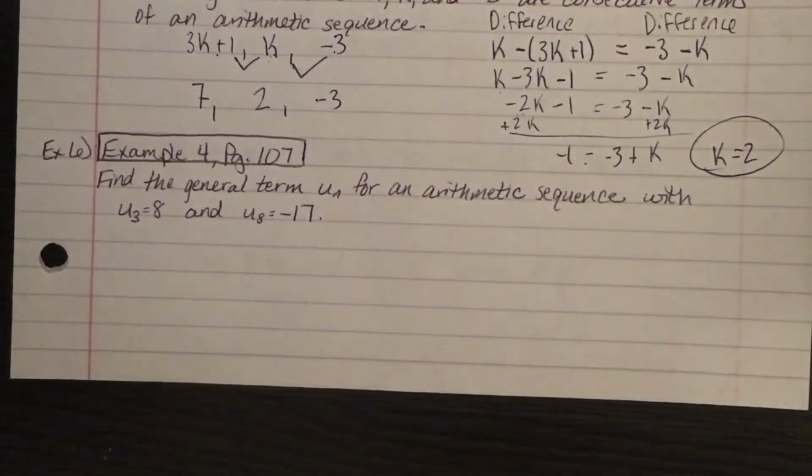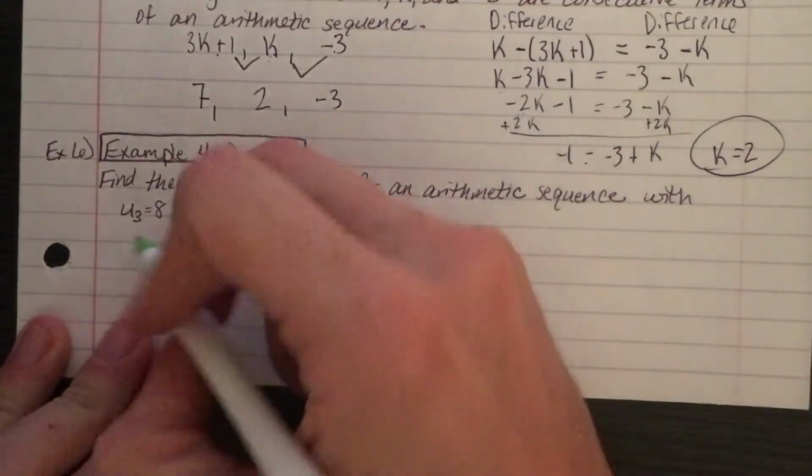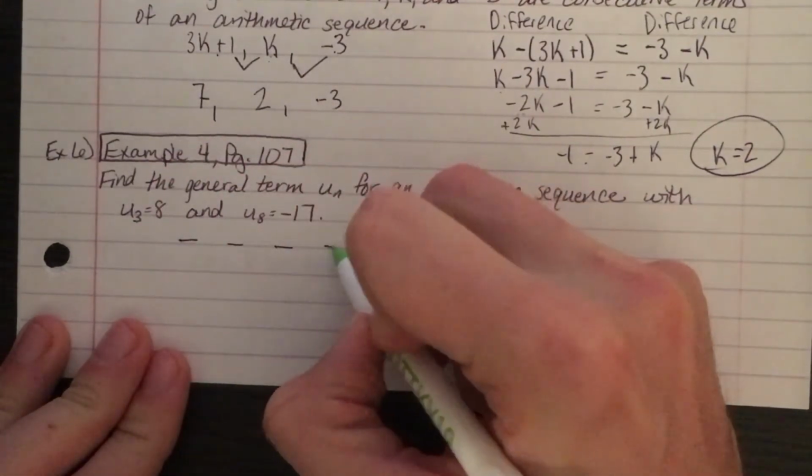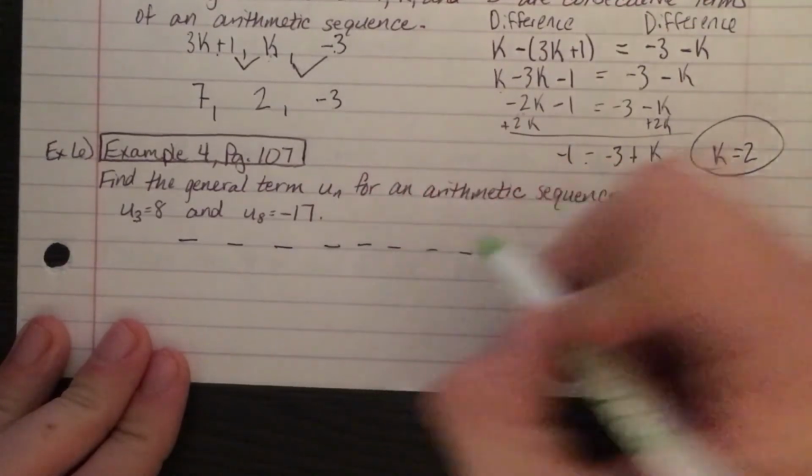So the next example that we're going to look at is how do you write an explicit formula when you're given terms that aren't the first term. We're given the third term. Let's see here, 1 and 2 and 4, 5, 6, 7, 8.